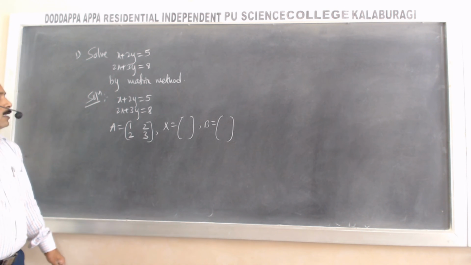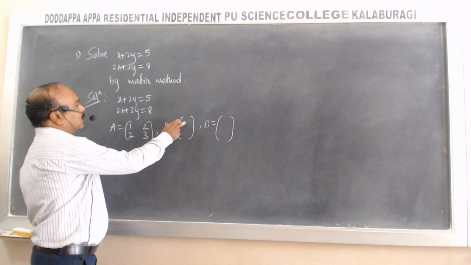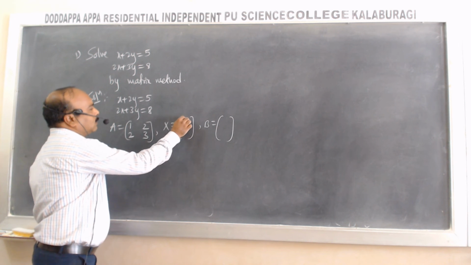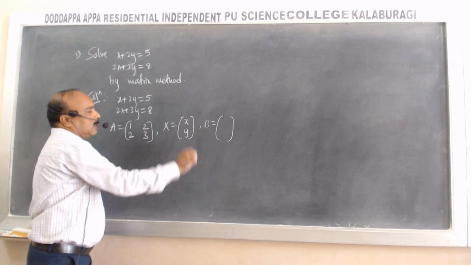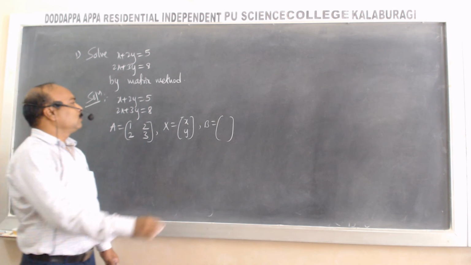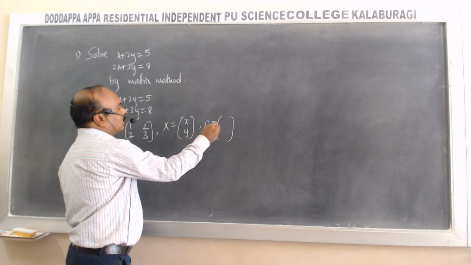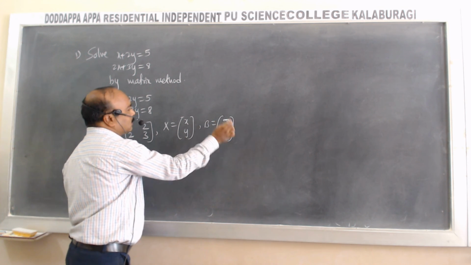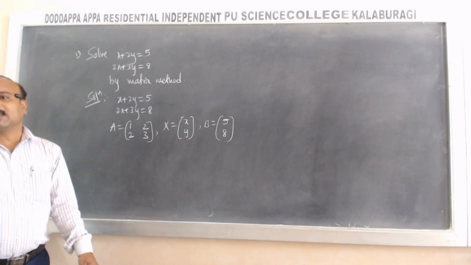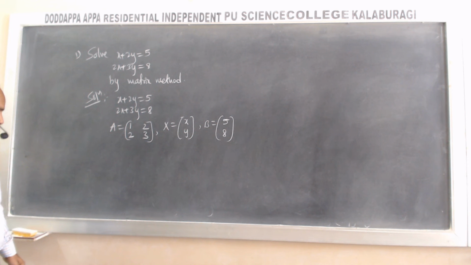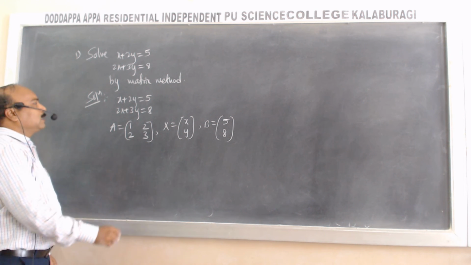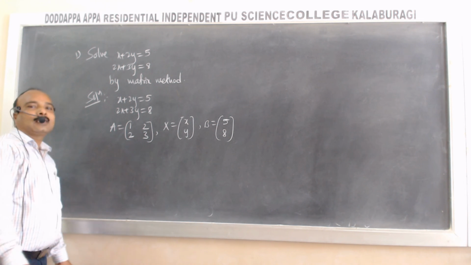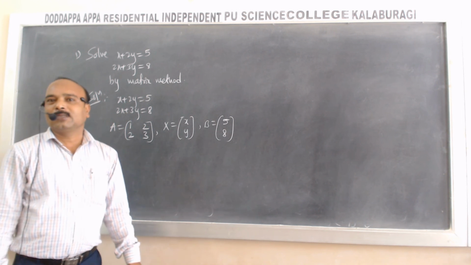It is matrix A. Then X is the matrix of variables, here the two variables X and Y. Now B is the matrix of constants, 5 and 8. We write these three matrices first, then we go for the matrix method, which is nothing but X equal to A inverse into B.